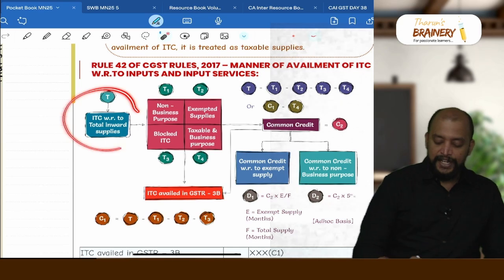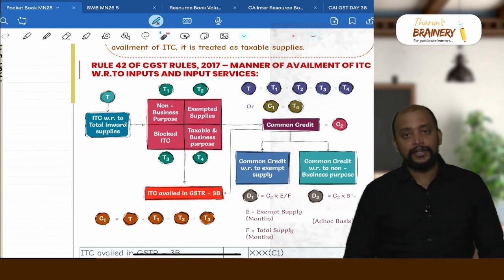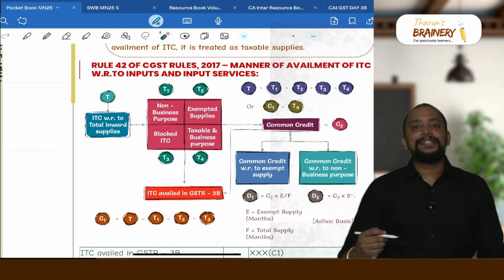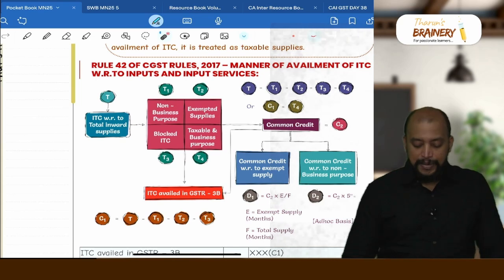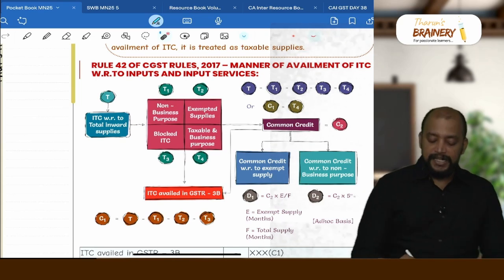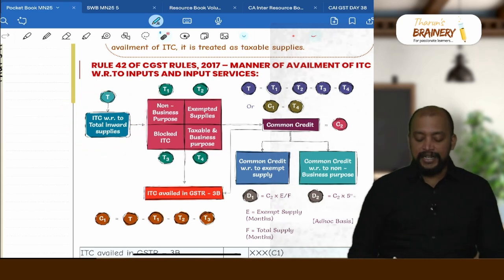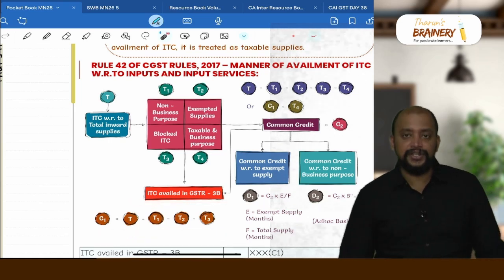So how much is the ITC availed in GSTR 3B? ITC availed in GSTR 3B is T minus T1, T2, T3, that is C1.